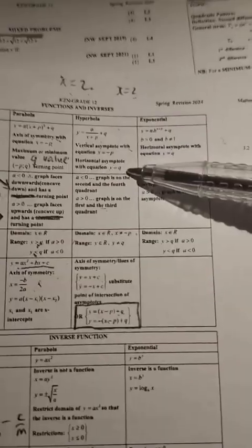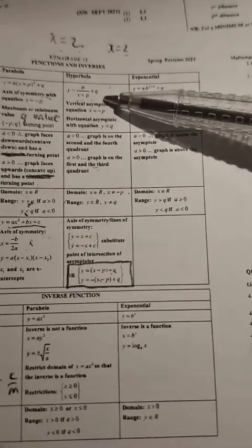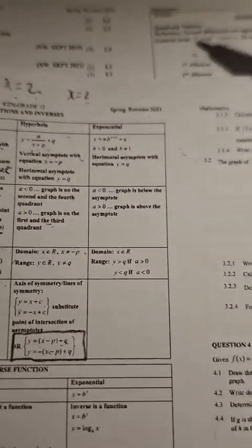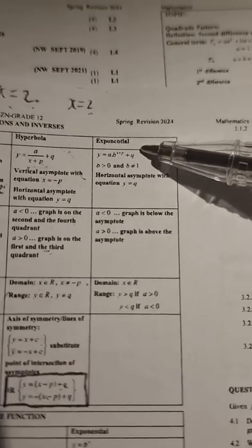Okay guys, I think we have basically exhausted the concepts around the hyperbola. Now I'm going to turn our attention to the last function for today, which is an algebraic function, and that is our exponential function.